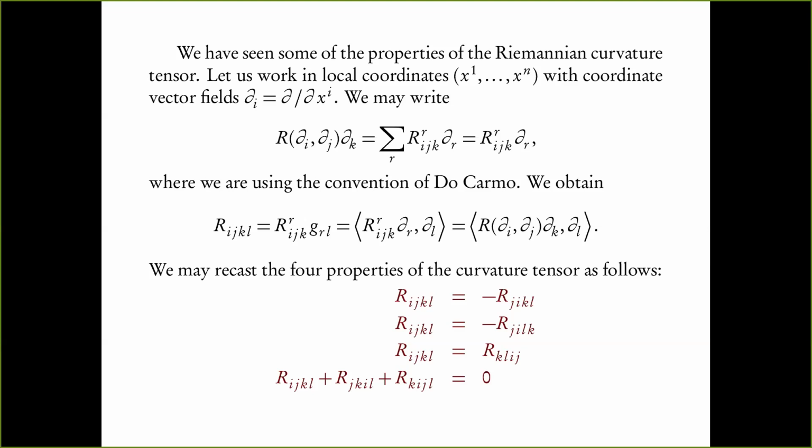I would like all of you to go back and look at those four equations that we had, and see that they immediately give you this locally, since you'll be computing things locally anyway. This is a tensor. So these are exactly the four properties that we had from last time. Are there any questions? All these properties were proven last time. I'm just recasting them in local coordinates, in a local chart.